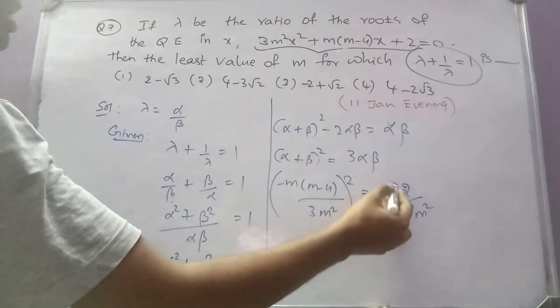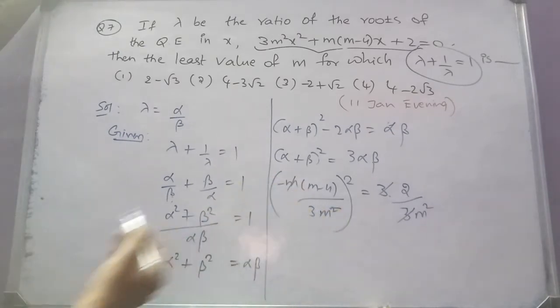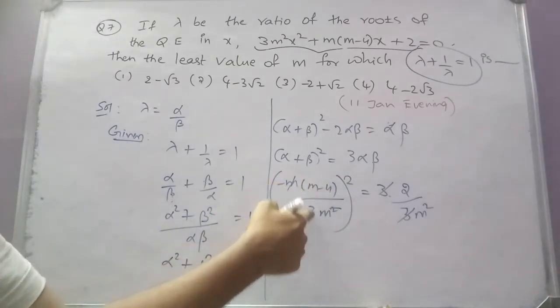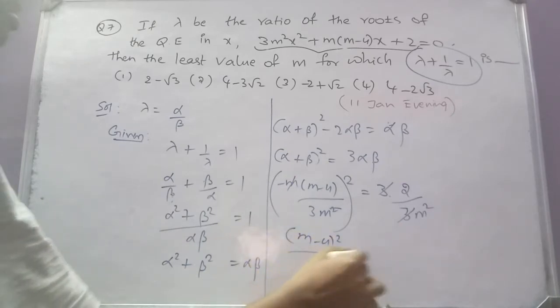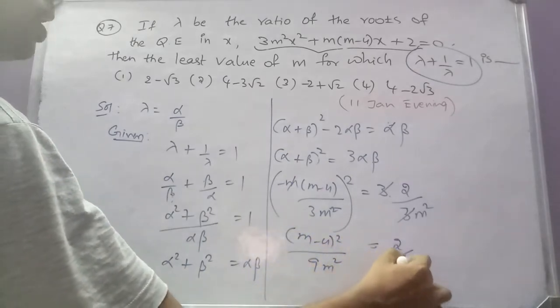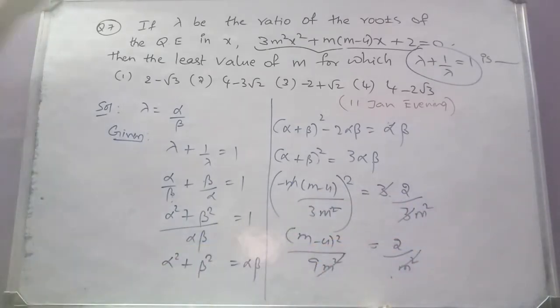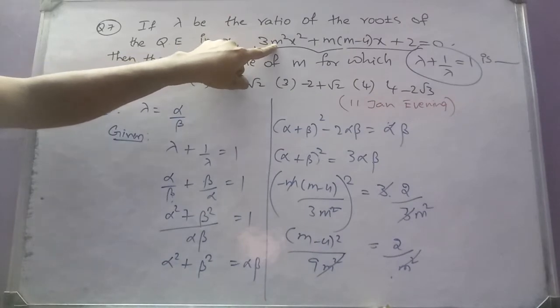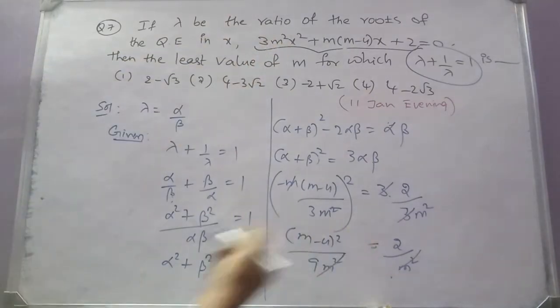So 3 and 3 anyhow will get cancelled, and then m and the square will get cancelled. Then give the square to the numerator and denominator. You will get m minus 4 whole square divided by 9m square is equal to 2 divided by m square. And observe that I can cancel out m square and m square in the denominator, because m square cannot be equal to 0. It is the coefficient of x square now. It cannot be equal to 0. So I can cancel out m squares.